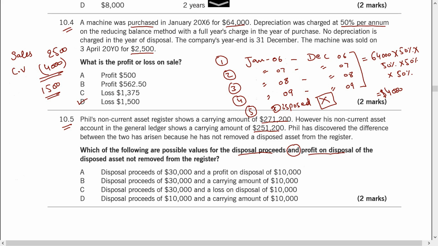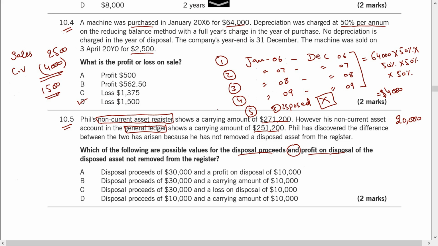So that means there is the difference of $20,000 between both of them. And we are comparing non-current assets register with journal ledger. Okay. Phil has discovered the difference between the two has arisen because he has not removed a disposed asset from the register.